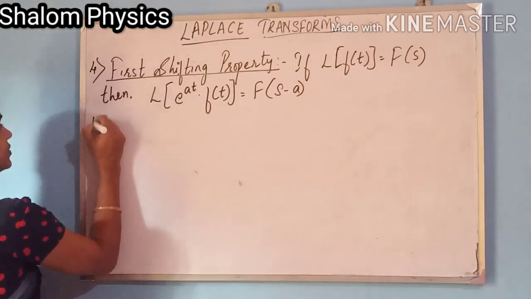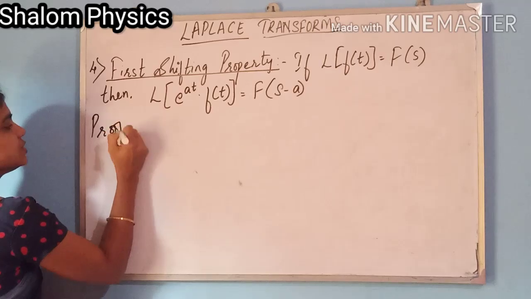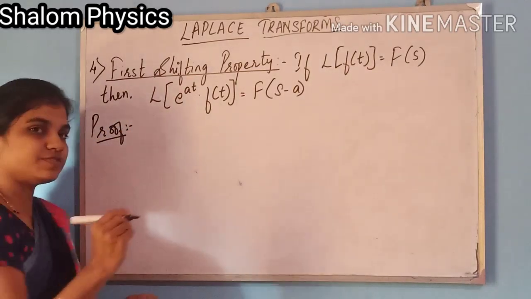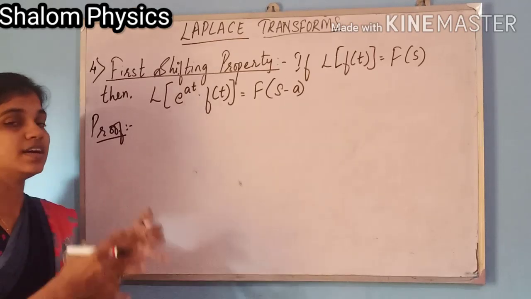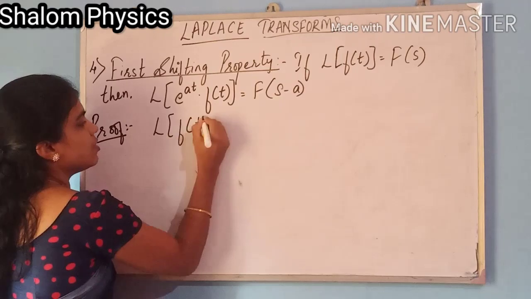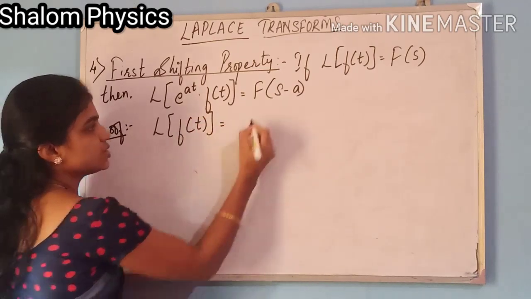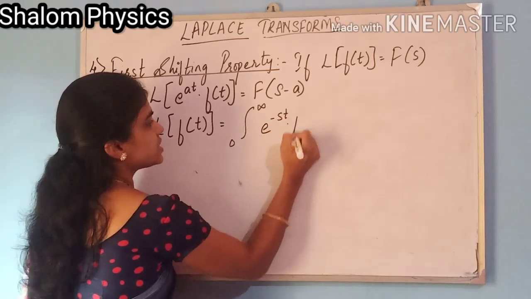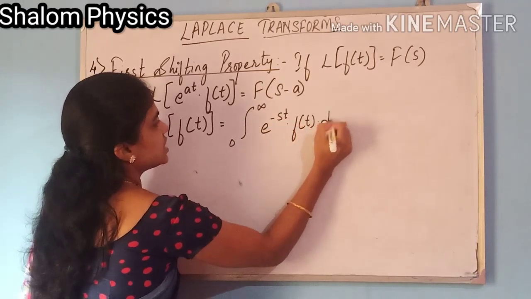Alright, so let's prove this now. What is our proof, and how are we going to prove this? Our first step is to define Laplace transform. So Laplace transform of f of t is equal to 0 to infinity e raised to minus st f of t dt.